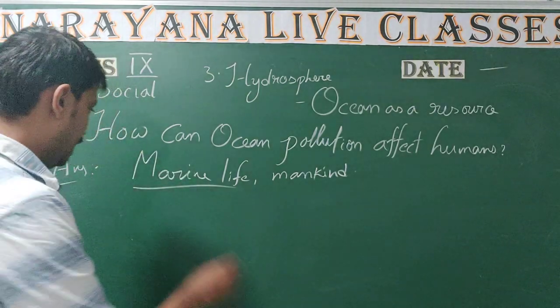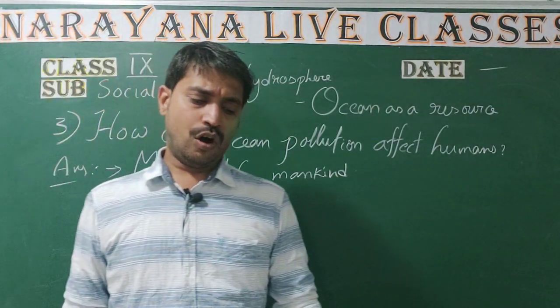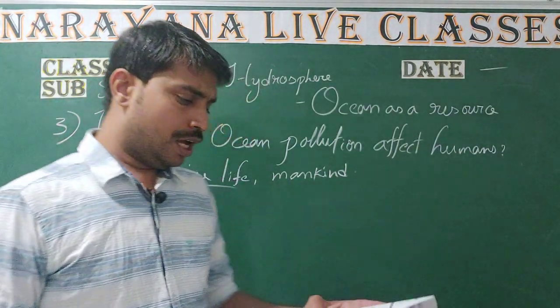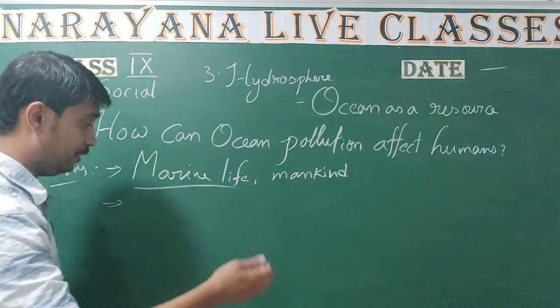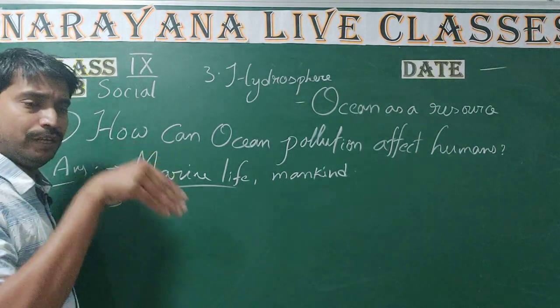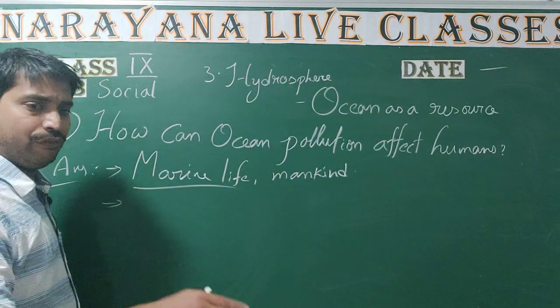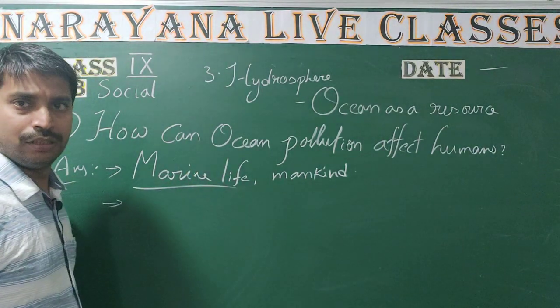Clear, children? And the second reason is chemicals such as oil, mercury, lead. These are pesticides. With the utilization of more pesticides in the agricultural lands, the wastage of pesticide mixes with the flow of water, which mixes again with the rivers, and these rivers mix with oceans.